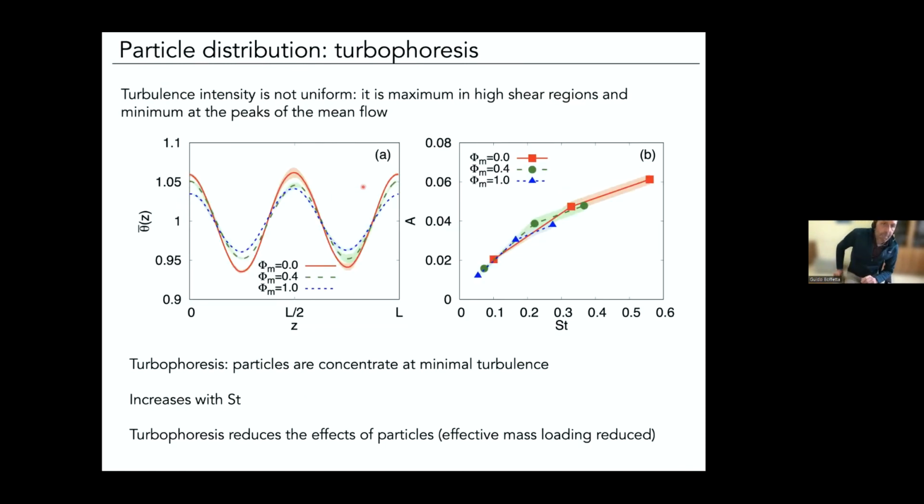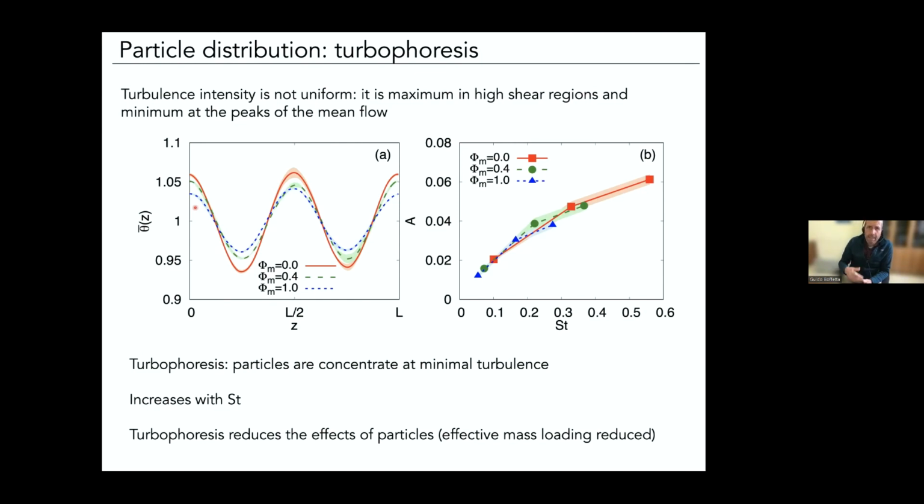Okay, so this is the particle distribution in the zeta direction in stationary conditions for different mass loadings. The point is that in the Kolmogorov flow, the turbulent intensity is not uniform.